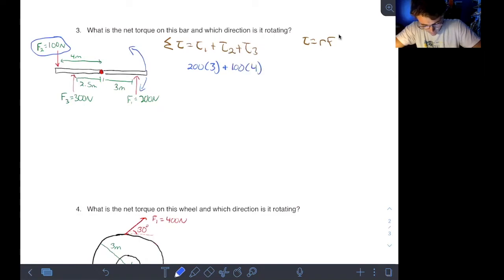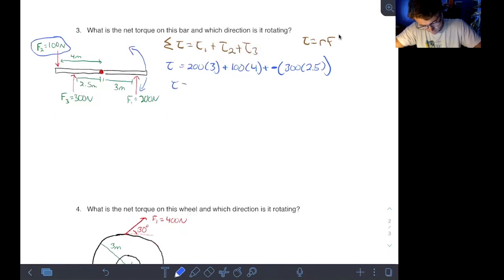And it's 4 meters away. The third force is pushing in the clockwise direction, the opposite direction, so it's going to have negative torque: 300 times 2.5. Cool, so those are all the individual equations for torque.